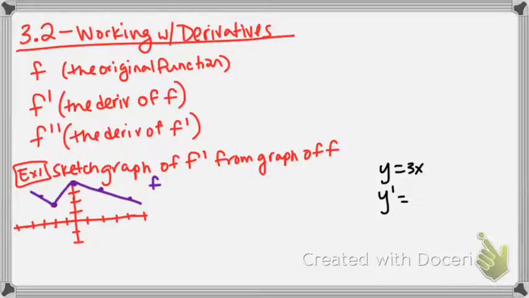Well, remember, the derivative is going to be the slope of that function. So the slope of that line at any time, it doesn't matter where you're at, the slope is always going to be 3.